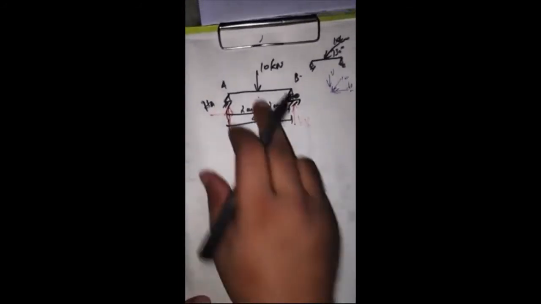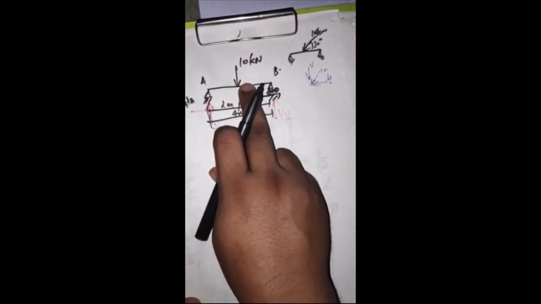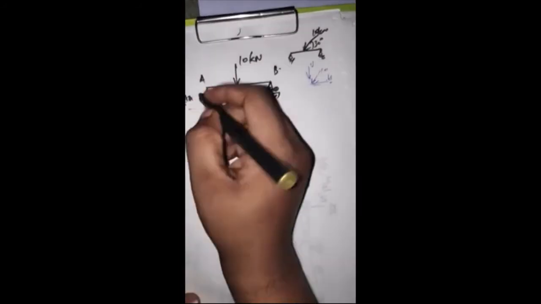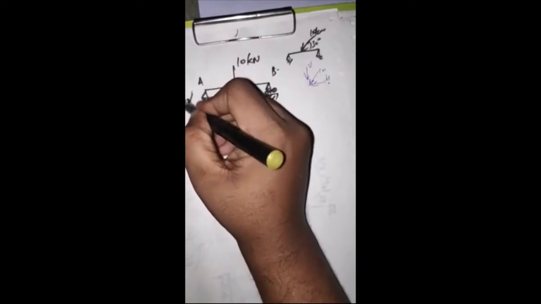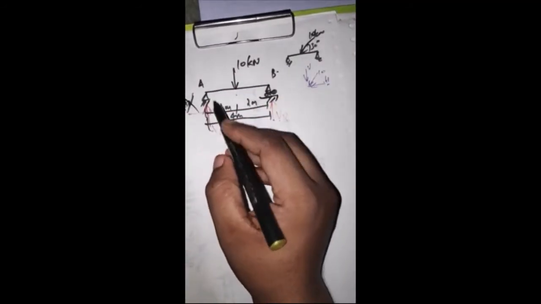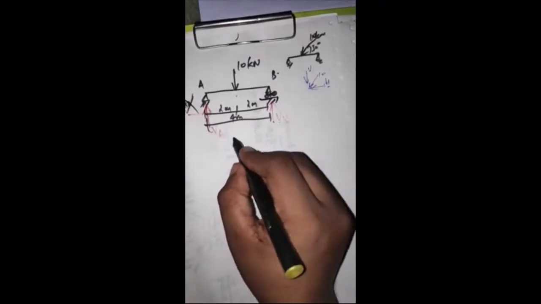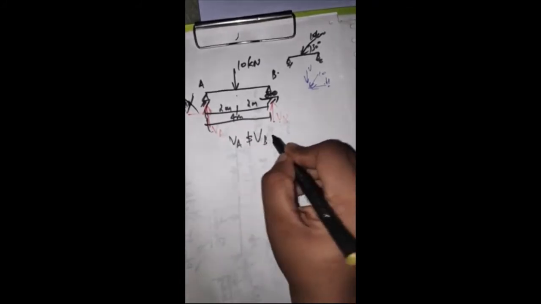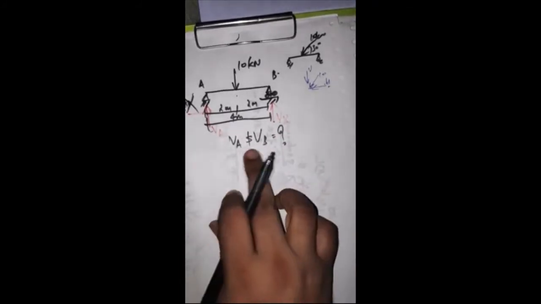So in the given beam, there is only a vertical force. Therefore, there will not be any horizontal reaction, because there is only a vertical force. Here the reactions are the vertical reaction at A and the vertical reaction at B. These are the two possible reactions.